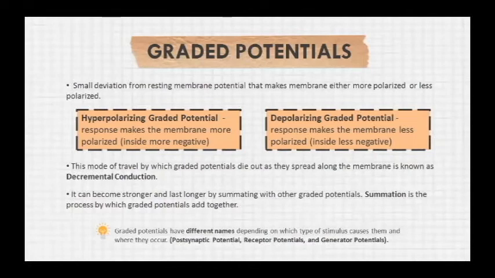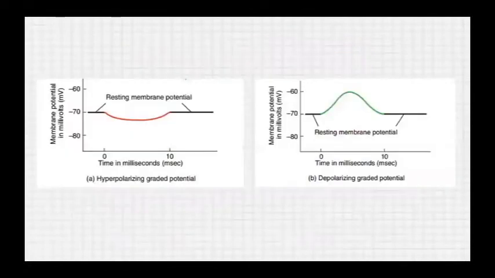So if you will look at this picture, you will see that in the letter A, which is the hyperpolarizing graded potential, where the polarity on the plasma membrane is much higher, you could see that the millivolts has moved from -60 towards -80, more negative, because the polarity has been higher than the normal.